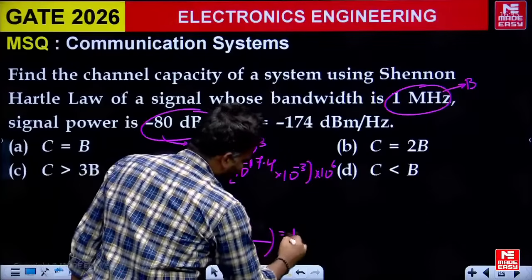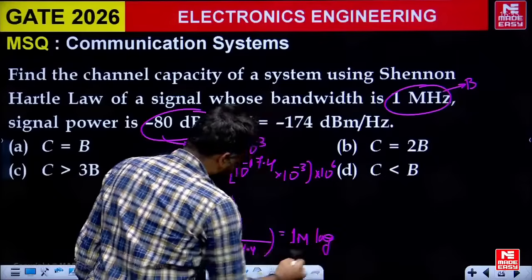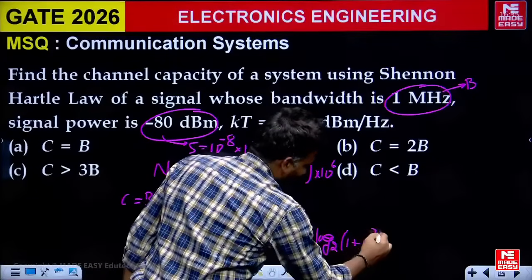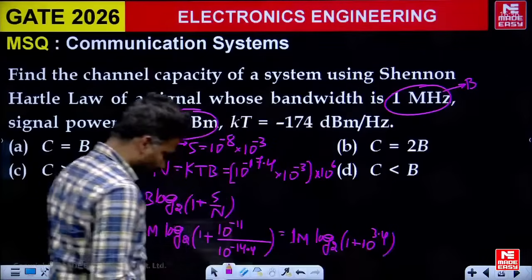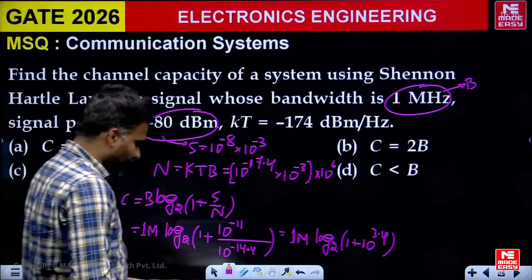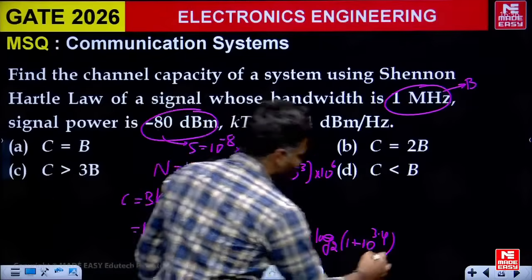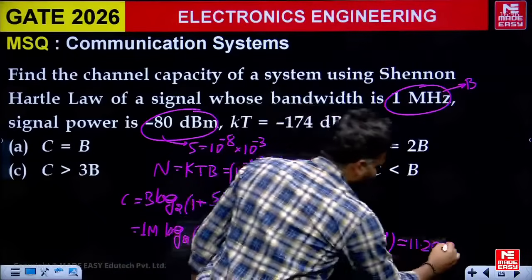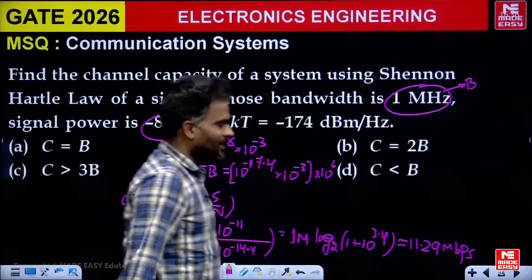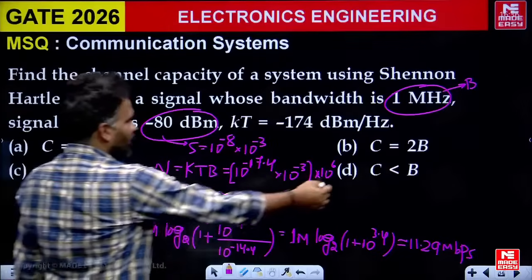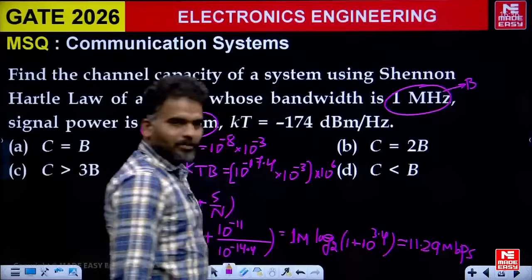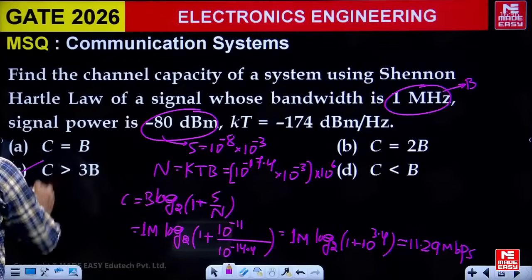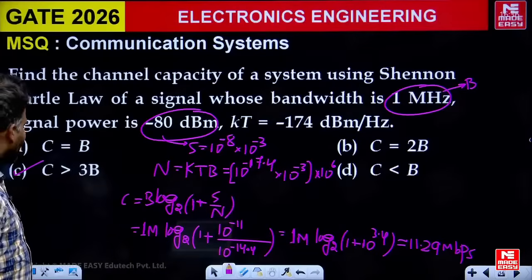So this equals 1 M times log base 2 of 1 plus 10 power 3.4. If you simplify it, it comes to 11.29 Mbps. Which option is correct? B is 1 megahertz only, and the channel capacity you got is 11.29 Mbps. So from the given options, C greater than 3B will be the correct answer.